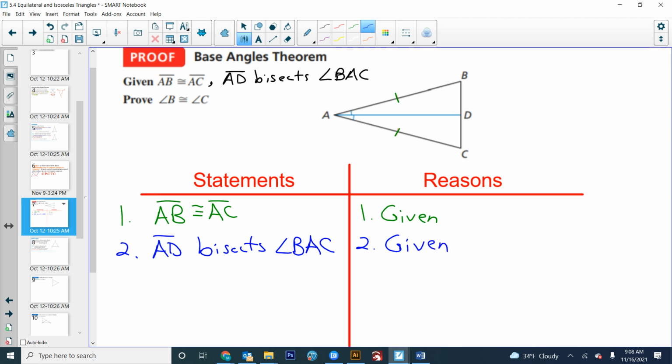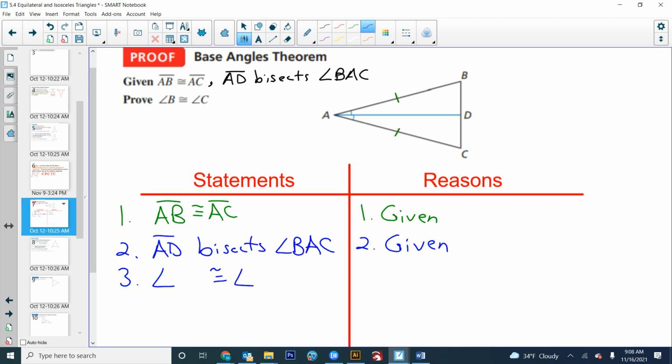So you have to say it first, then you have to say the result next. Anytime you're told there's a bisector, it's two steps to get there. One to say it's been bisected, the second one to say the result. I'll put them in the same color. Angle blah blah blah is congruent to angle blah blah blah.